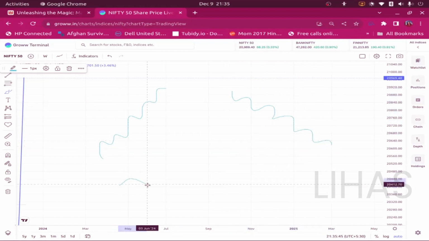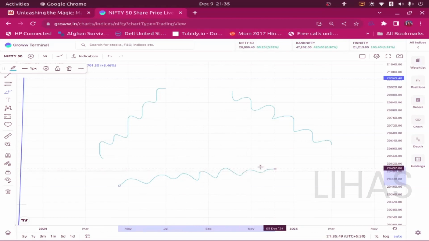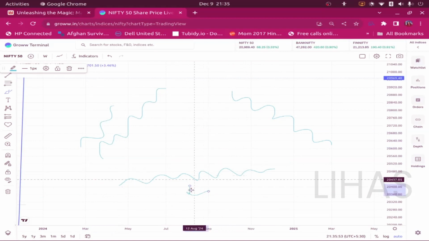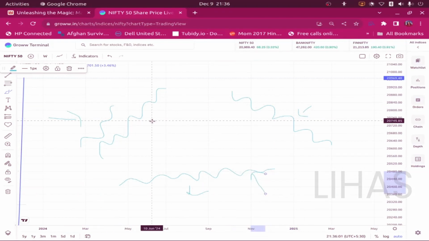If the price is moving straight, not changing direction, neither up nor down, then this is called sideways. So this is the uptrend, this is the downtrend, and this is the sideways. These are the three trends of the market, and we'll see how to find these trends and how to draw these trend lines.